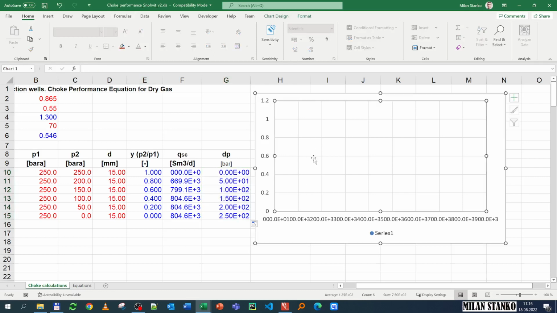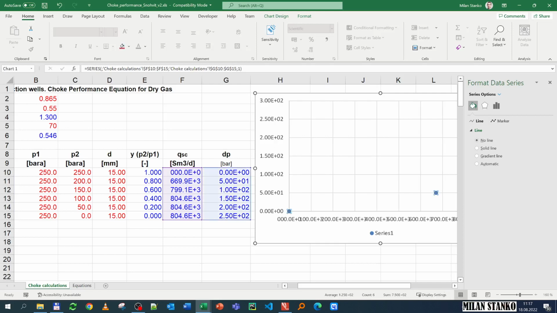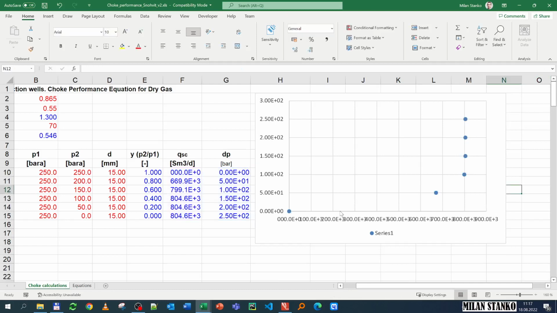Then I come here to this plot, and I shouldn't use A, but I should use column G. So you see exactly what we were expecting: the rate increases in a nonlinear way, and then it becomes constant until the maximum delta P that I can achieve.